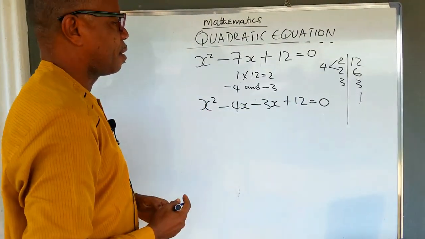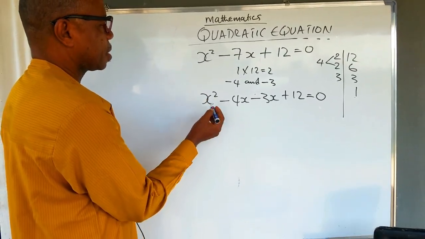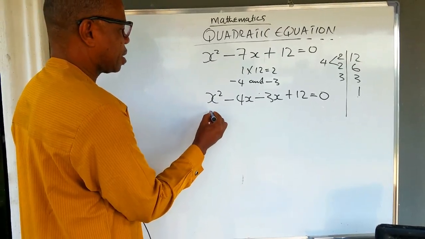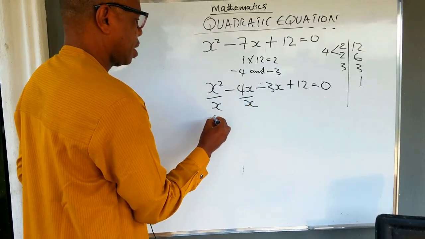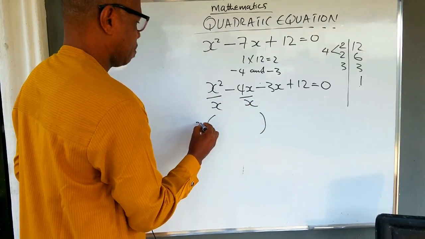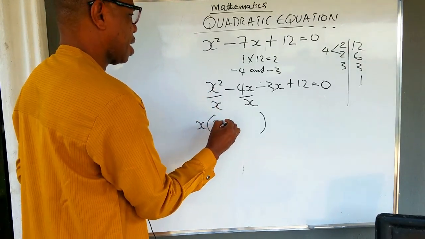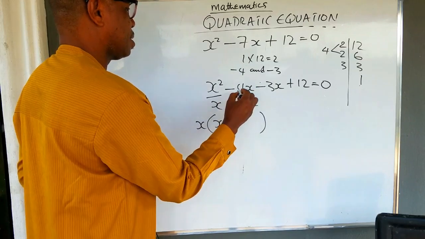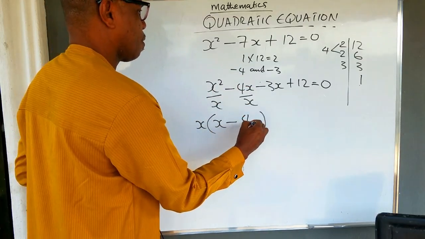So now I have 4 terms here. Now with this, the usual process, I'll divide this by x, open bracket again, put this x I'm using here outside, x will divide x, x squared will give you x, divide 4x will give you 4.